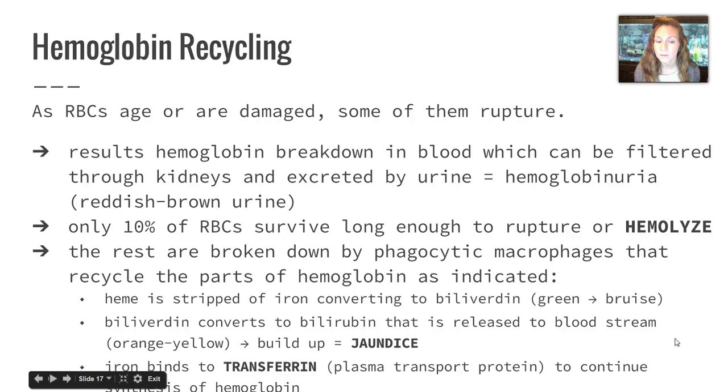When this builds up, we can see what is called jaundice, or an orangish yellowish condition in the skin. But our body normally would absorb that and take care of that on its own. Iron binds to transferrin then, which is a plasma transport protein, to continue synthesis of hemoglobin, and again, so that the red blood cells can utilize it to bind iron and therefore carry oxygen again.